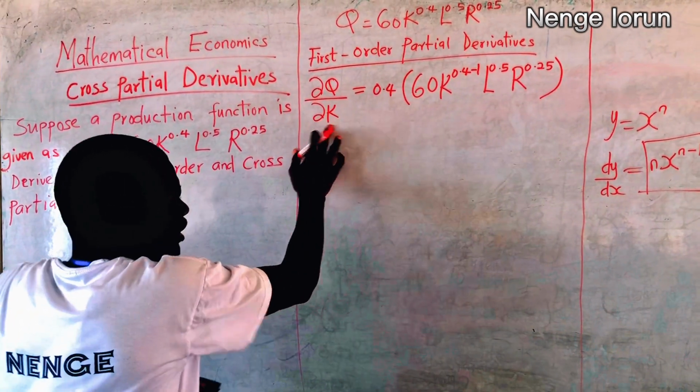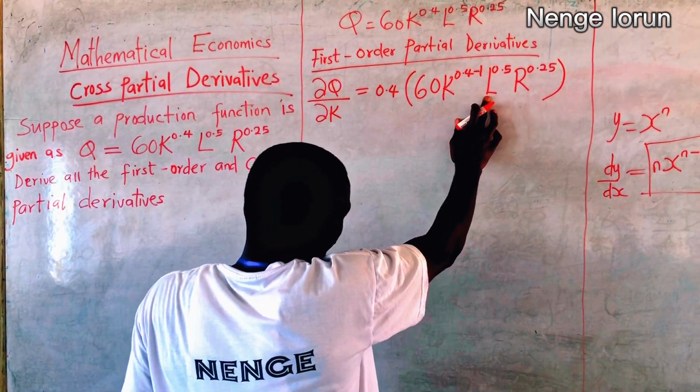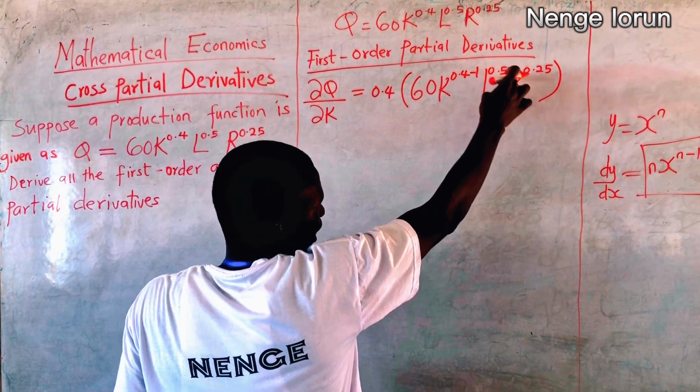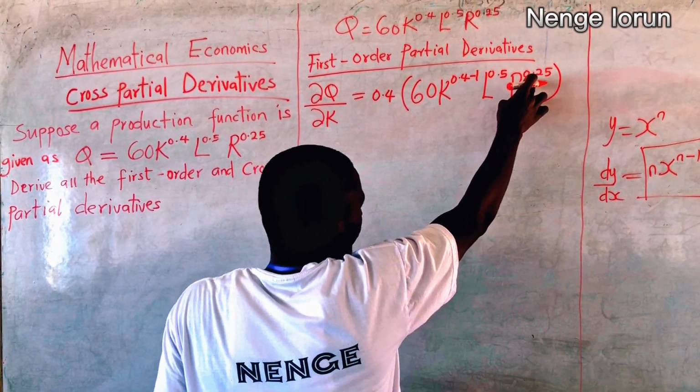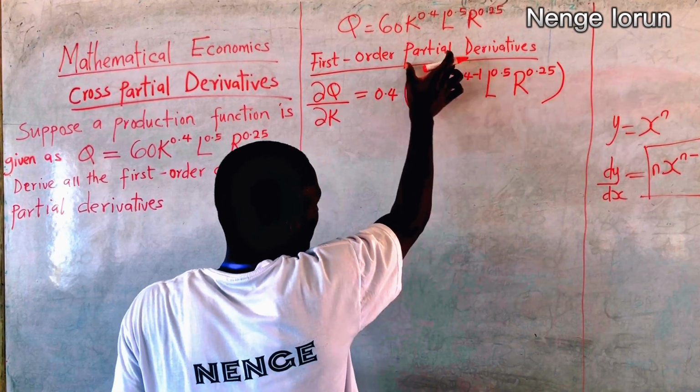You are differentiating with respect to K, so L with its power and R with its power will be held constant. That is the essence of this partial.